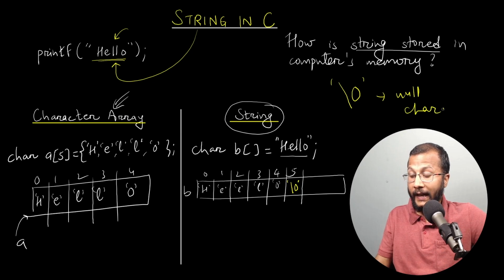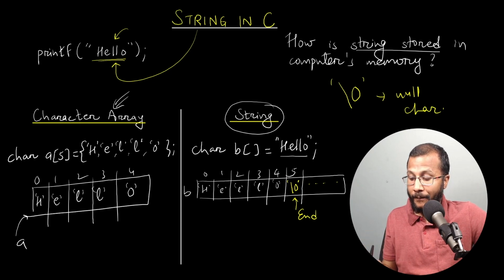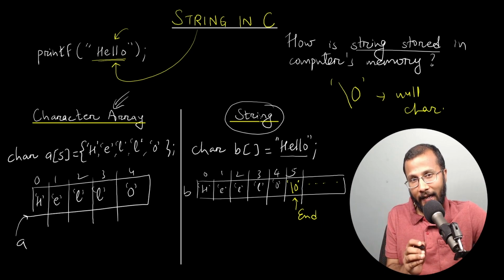The null character is the character that represents the end of the string. So this represents the end. This means whatever comes before this is part of the string, and whatever comes after the null character is not relevant to us for this particular string. So we say that a string is a character array which ends with a specific character, that is, the null character.